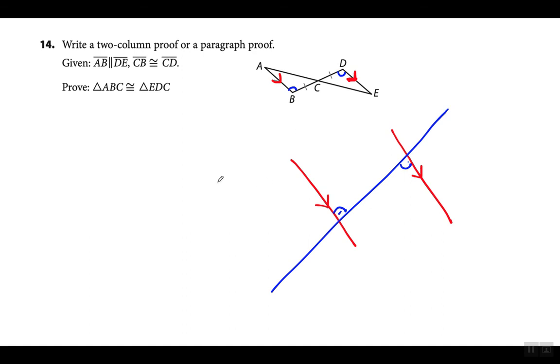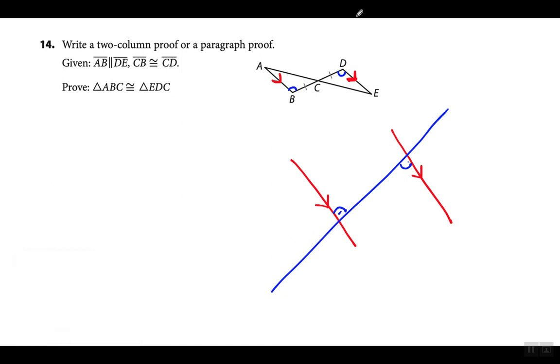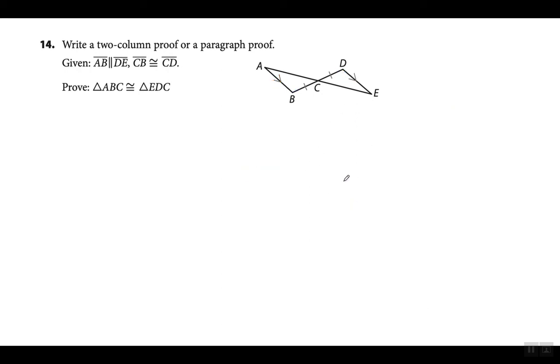Okay, now let me use a different color. All right, this line right here, if I draw it like whatever, I'm going to draw it more or less. All right, I don't know if I'm making this look more confusing, but you know what, let me erase all that because it's getting too busy.